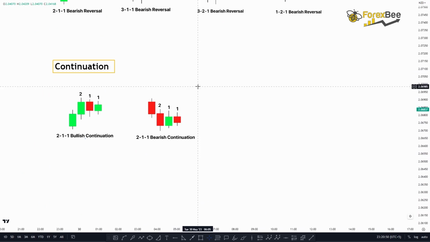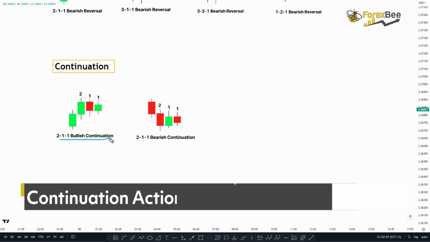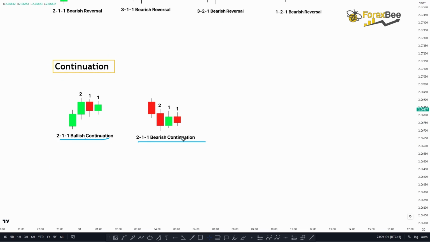Now the last thing we're going to discuss today is the continuation actionable patterns, which are the 2-1-1 bullish continuation and 2-1-1 bearish continuation. We can use these because in the 2-1-1 bullish, the market is moving in the bullish direction, and after the formation of this pattern, the market will continue to move in the bullish direction.